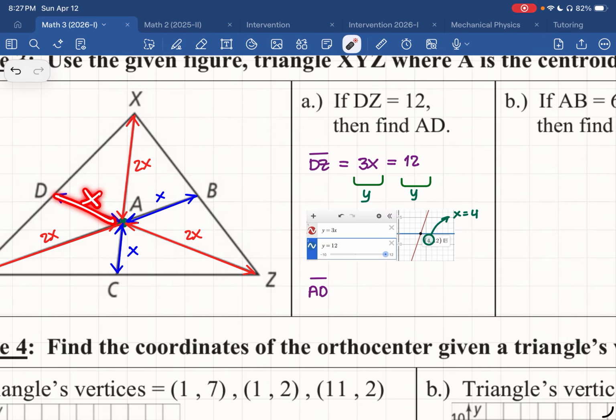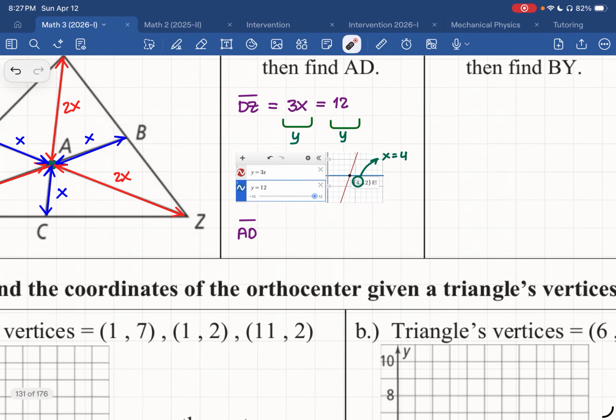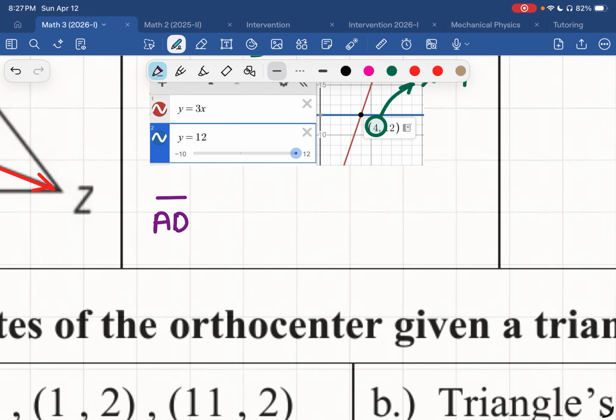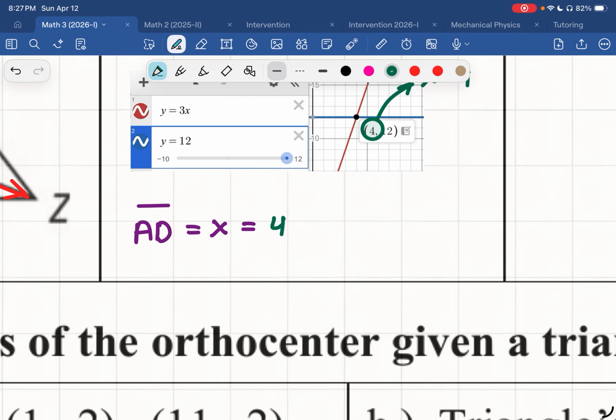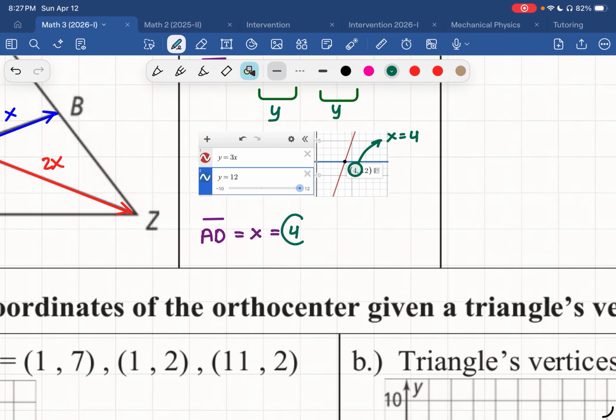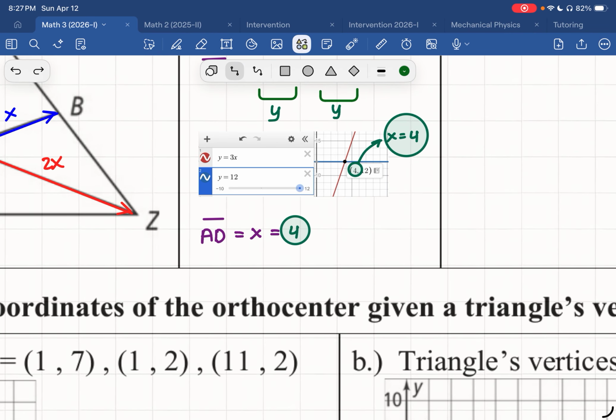Is what? X. AD or DA, which is this one. According to this, what is it? X. So AD is equal to x. But who's x? We just found it. X is equal to 4, right? We just found it here. So therefore, I can say, okay.